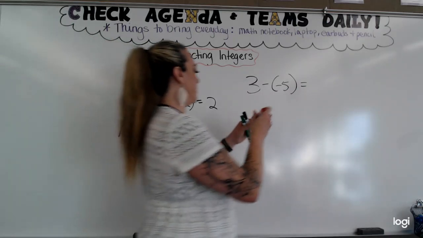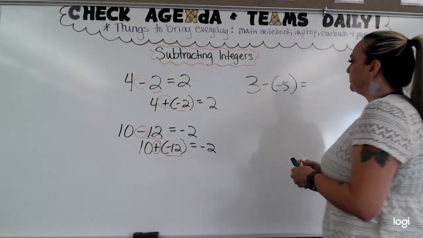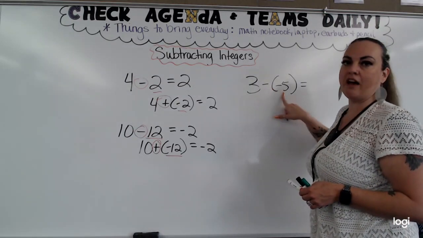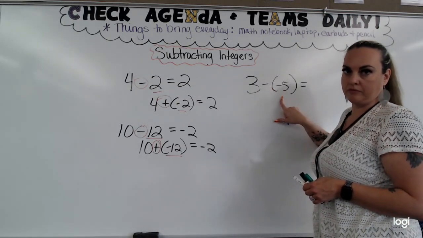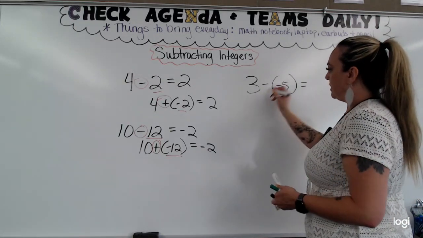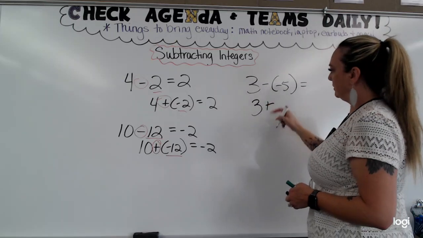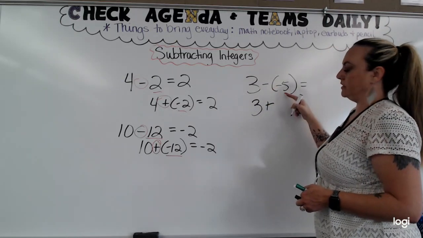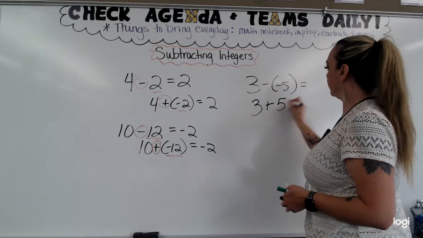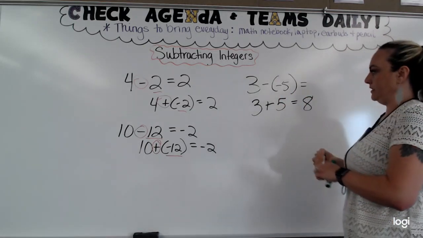Let's apply that same concept over here. Subtraction is adding the opposite. So here's subtraction. We're going to change this to adding the opposite. Opposite of negative 5 is positive 5. So this answer is 8.